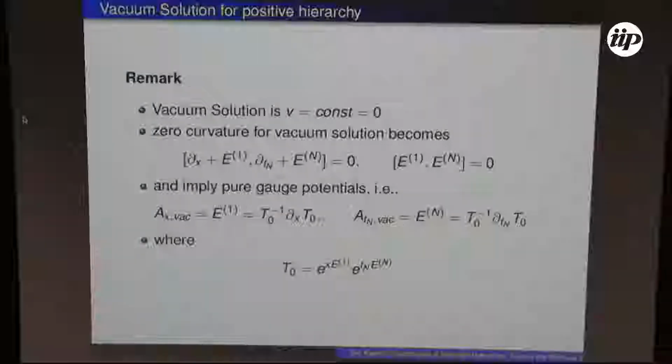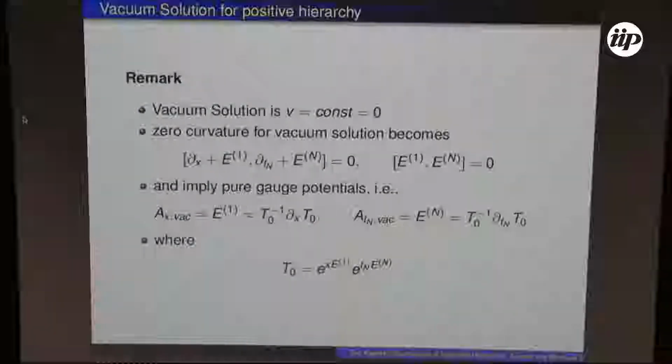So you integrate, and then you find the group element that leads to the vacuum solution. So this will be important to construct non-trivial solutions. I'll start from the vacuum, and then I'll construct non-trivial solutions based on this vacuum solution later on.